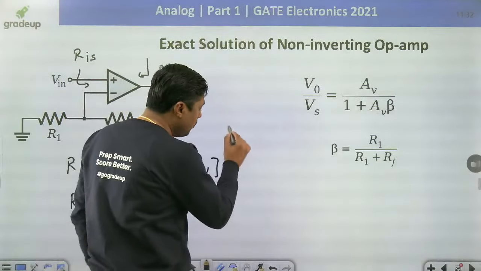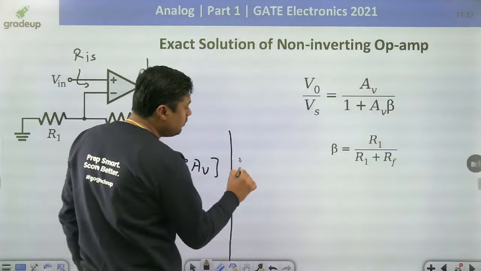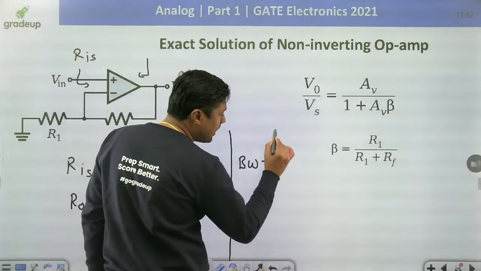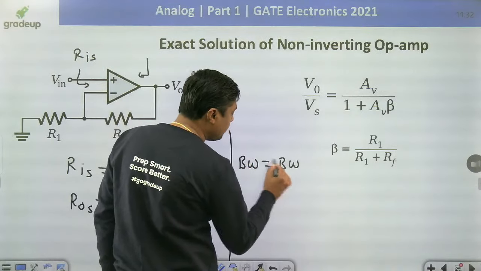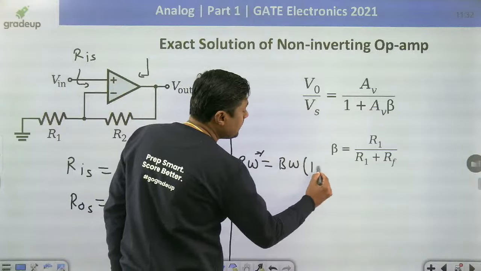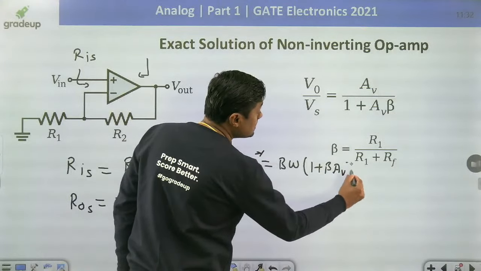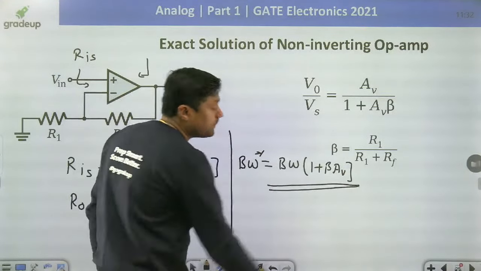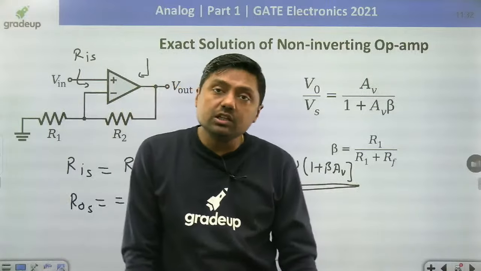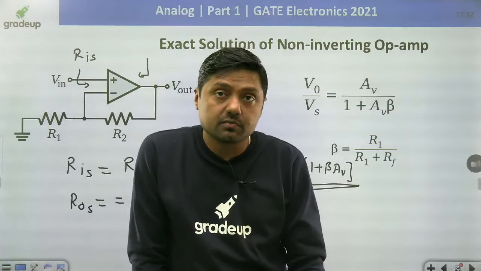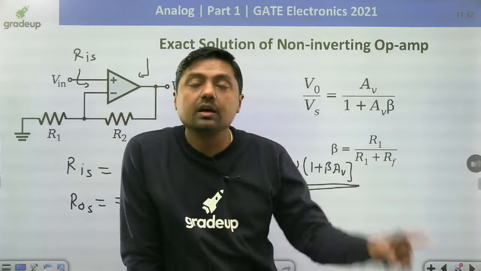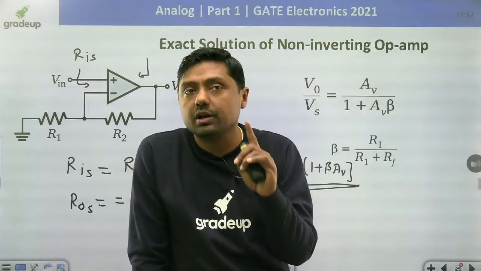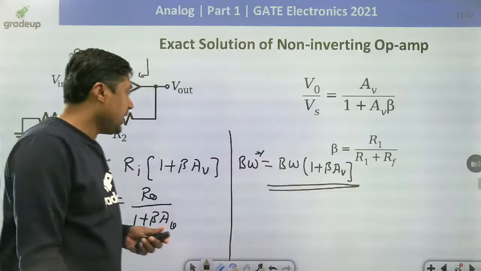Always remember the bandwidth: overall bandwidth is given by the bandwidth of the open loop operational amplifier multiplied by 1 plus beta AV. This is a new concept. After negative feedback, gain reduces but bandwidth increases, and the gain bandwidth product remains constant.